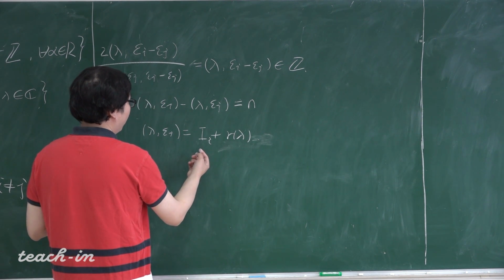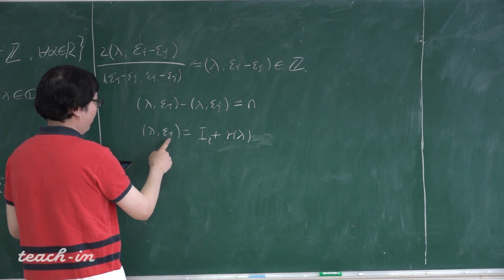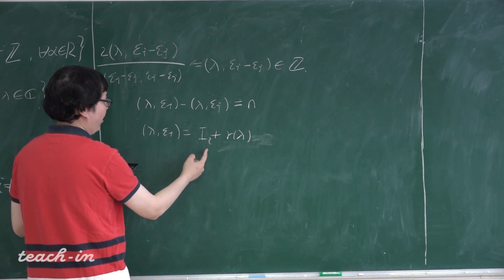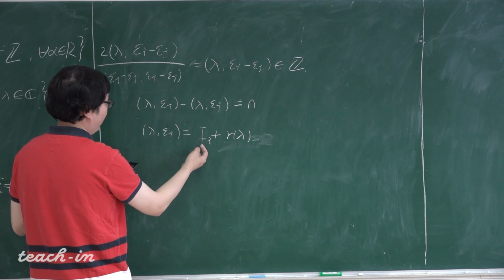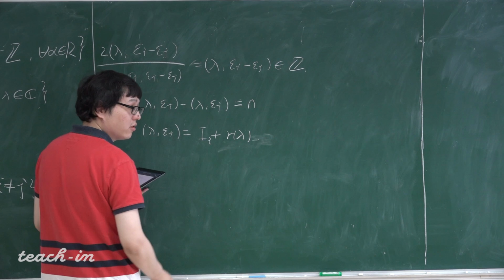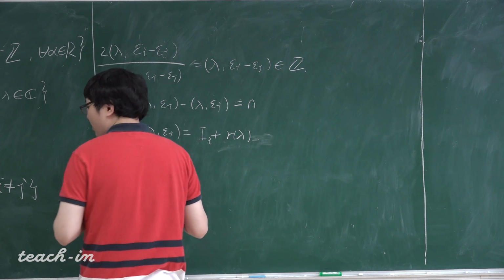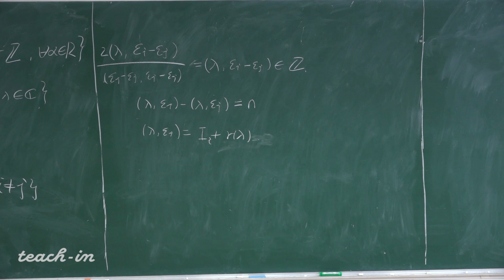If we plug in epsilon j, this will be a ij. If we subtract this 2, this is I minus ij, and this cancels out. And we use this thing.